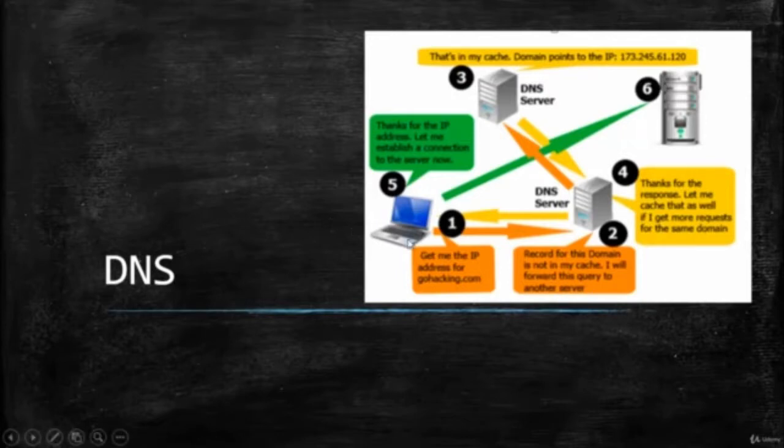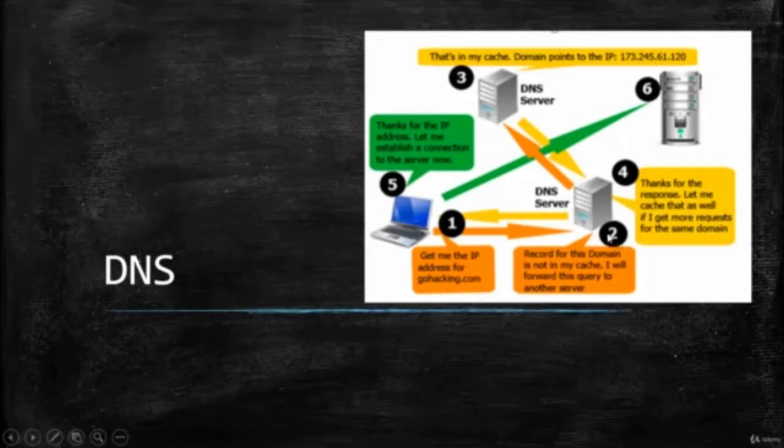In this image, you can find the exact scenario of the DNS. Here you can see this laptop wants to communicate with this server, but this laptop doesn't know the IP address information of the server. The server name is gohacking.com. So this laptop will query the DNS server.